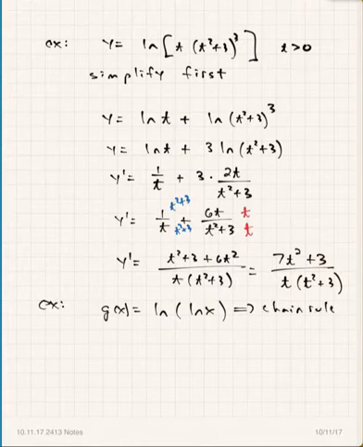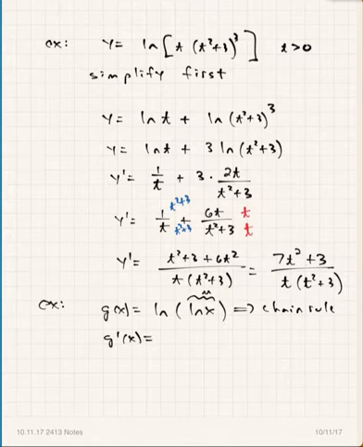Right, where the natural log of x, that's my u. That's my inside. So g prime of x would be u prime over u, right? And what's u prime? If u is the natural log of x, u prime would be 1 over x. So this is 1 over x over u, which is the natural log of x.